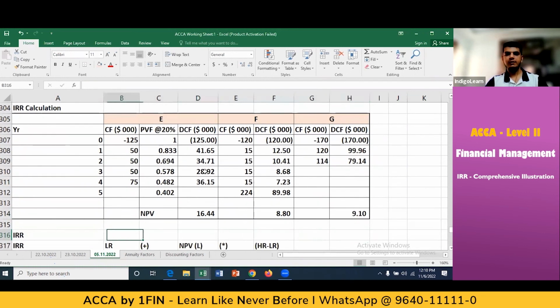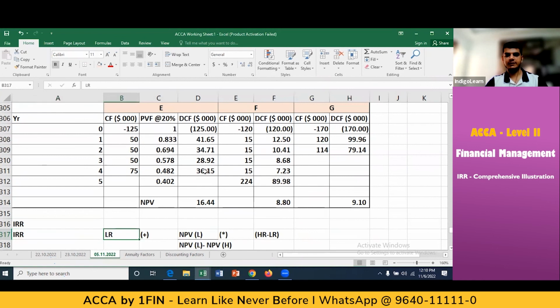For project E, suppose I am calculating. In any case, my formula is lower rate plus NPV at lower rate divided by the difference of NPVs, that is NPV at lower rate minus NPV at higher rate, into the difference of rates.